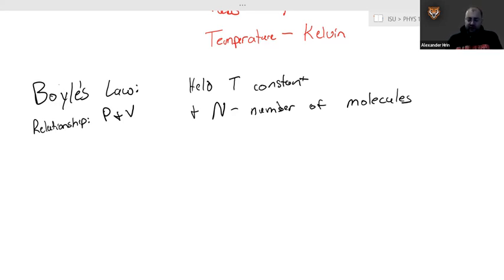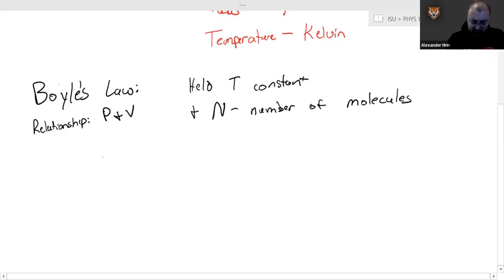But the point is, in order to hold T constant, basically what you want to do is operate this experiment in a temperature bath such that it can always get back to that temperature, whatever you're holding it as constant. And then holding the number of molecules constant is pretty easy. You just make sure that no gas can get in or out. You need a pretty good seal, but as long as you have that, it's good.